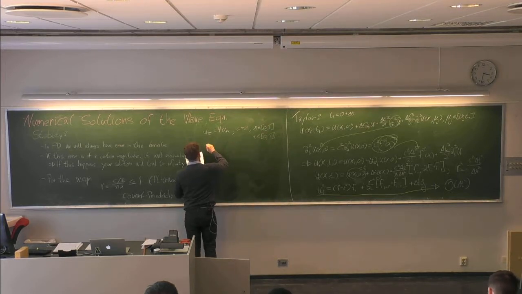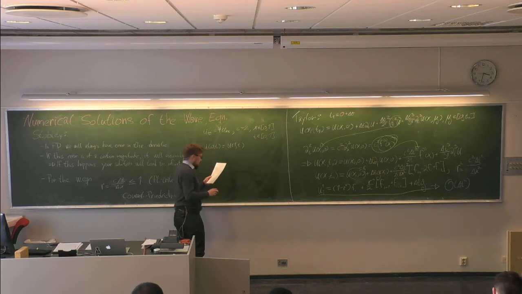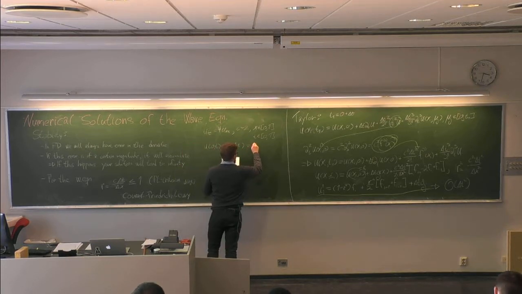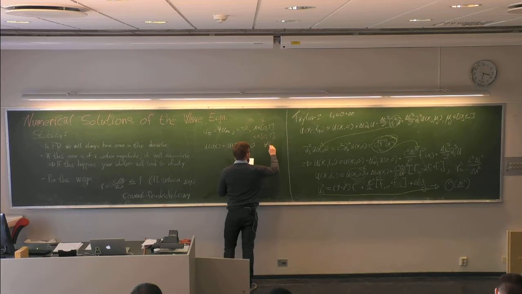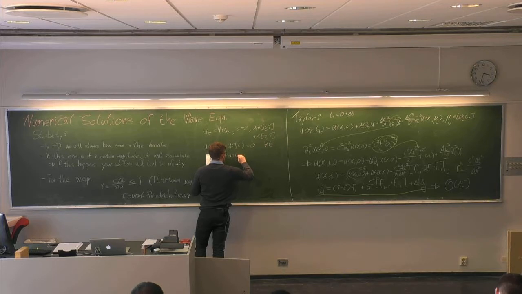Then we have initial conditions, U of 0, t equals U1 of t. So this is analogous to what we had in the beginning. It should be 0 for all t. And then we have U of x, 0 equals sine of pi x.